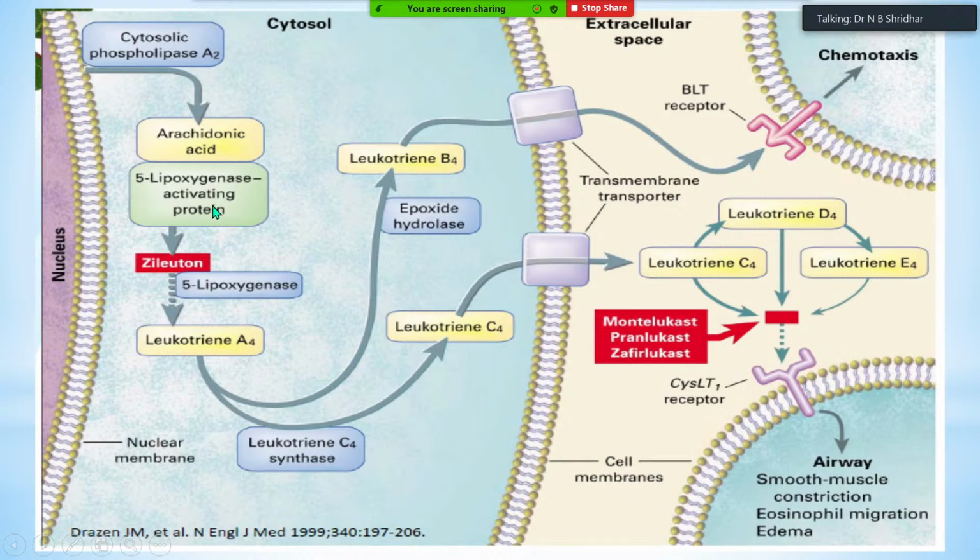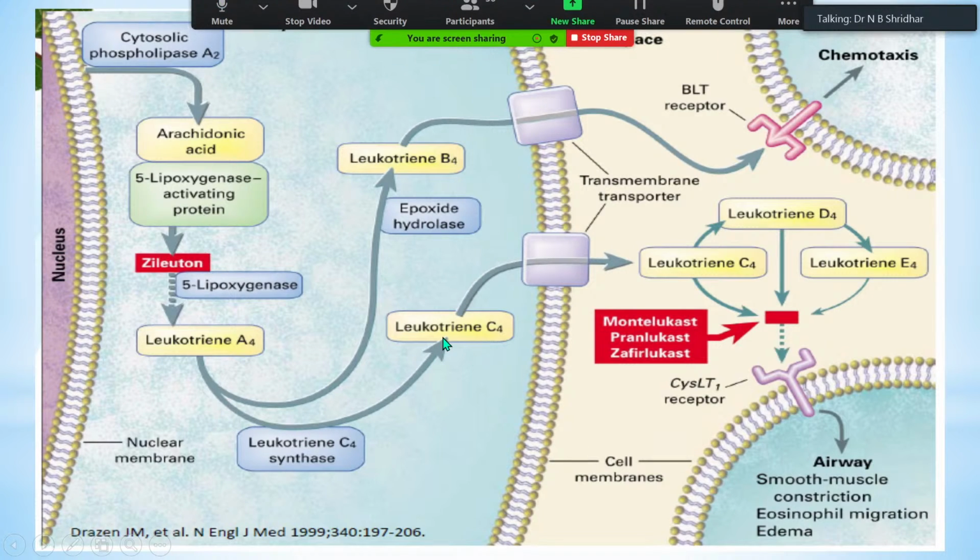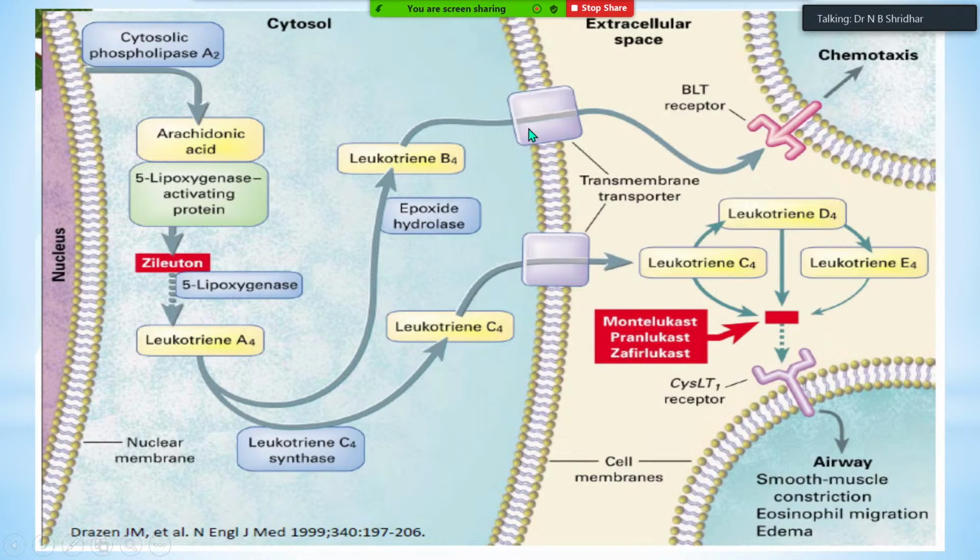The five-lipoxygenase activating protein pathway is there, and this step is inhibited by zileuton. Leukotriene A4 is synthesized, and from leukotriene A4, leukotriene B4 is synthesized, the enzyme involved being epoxide hydrolase, whereas leukotriene A4 is converted to leukotriene C4, and both of them leave the leukocyte and go to act on different effector cells.